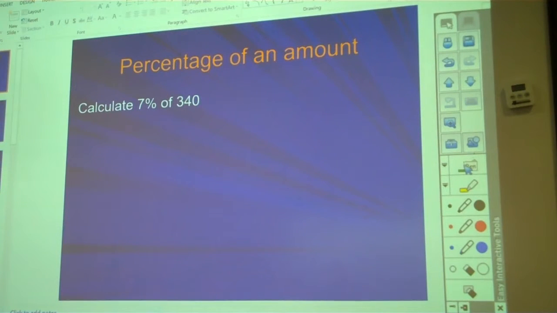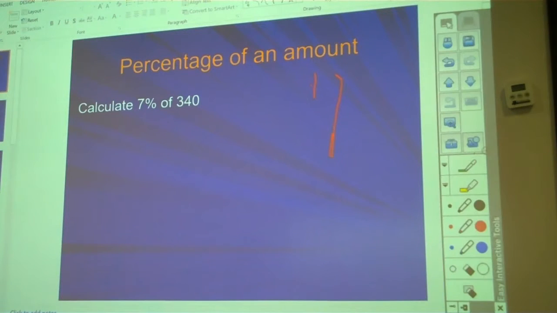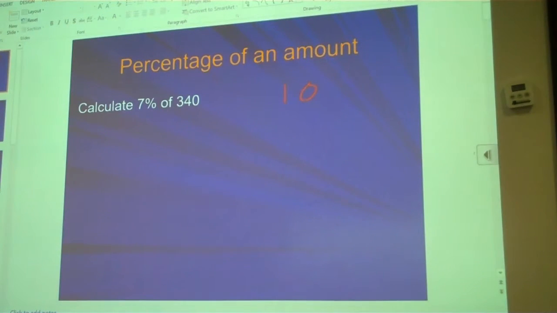Okay, so if you're on a non-calculator paper, you would find 10%, which would be what? 34. Yeah. Find 1%, which is 3.4. And then times 1% by 3, and then take it from 10%.